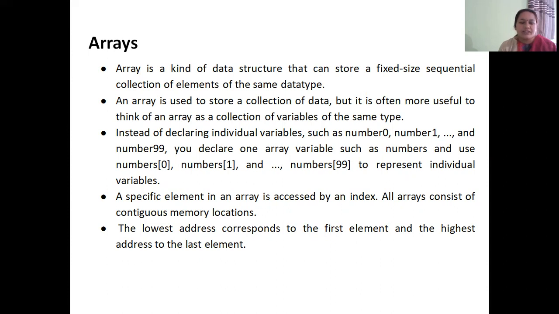So in array, the data will be stored in contiguous memory locations, and individual elements of the array will be accessed using its index, or we call it as subscript. The lowest address of the contiguous memory location corresponds to the first element of the array, and the highest address will correspond to the last element of the array.